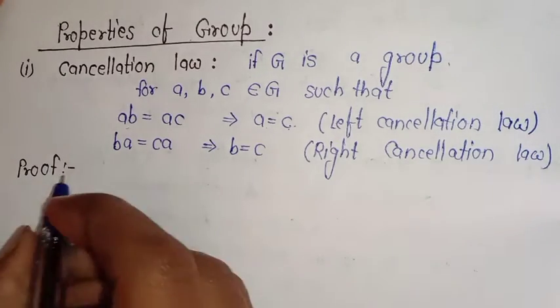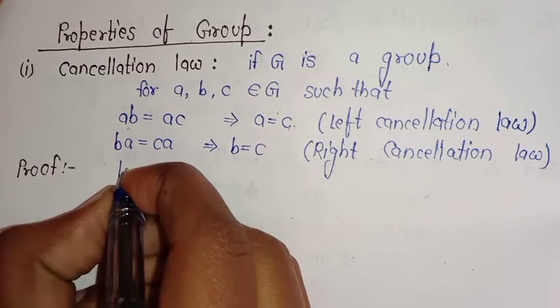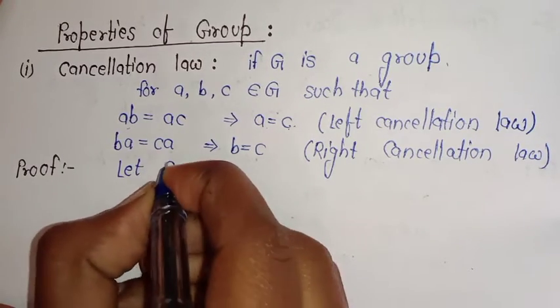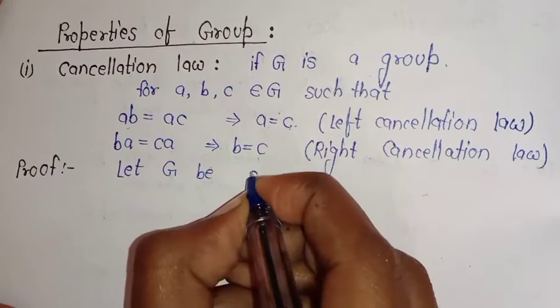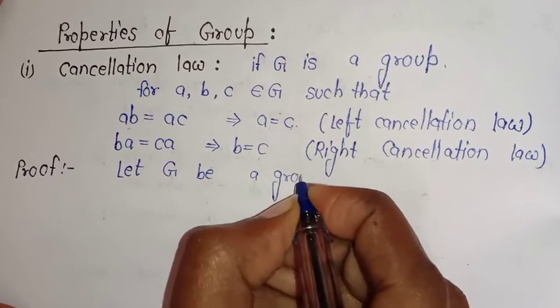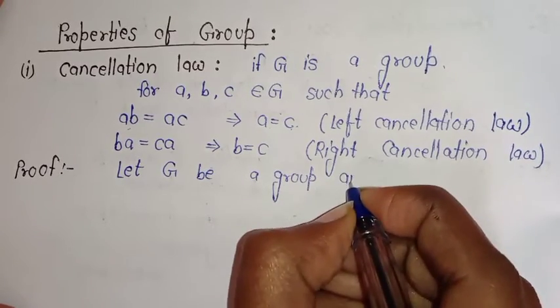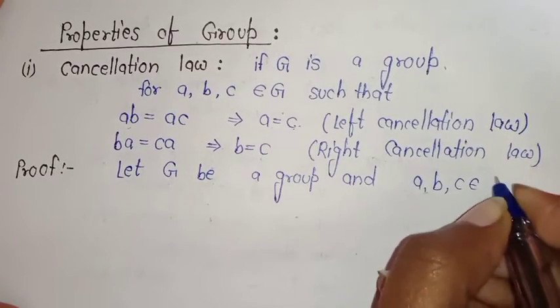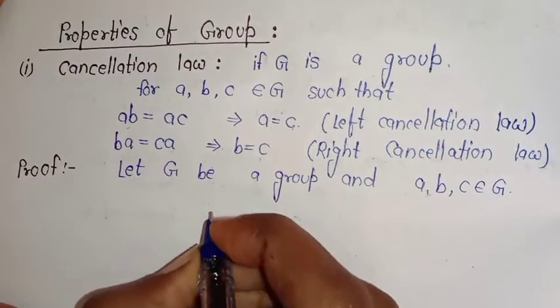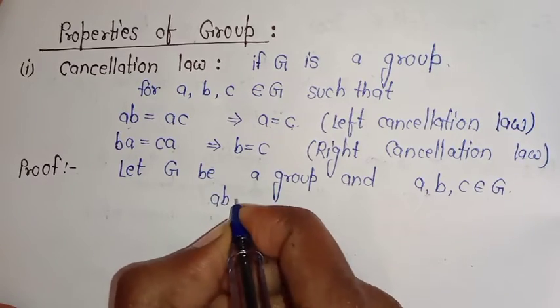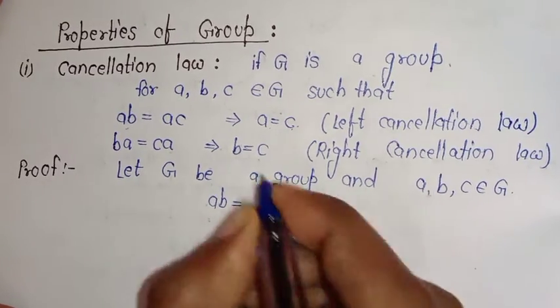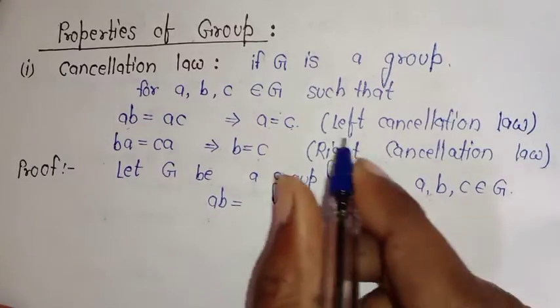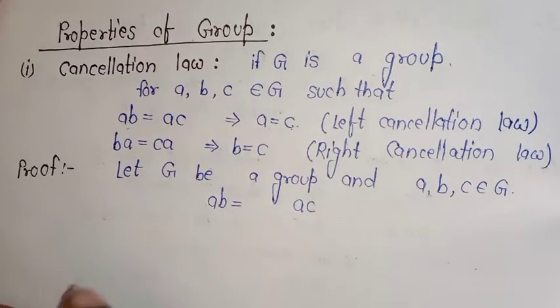In order to write the proof of this theorem, firstly we are given: let G be a group, and a, b, c are elements of G, and it is also given that ab is equal to ac. Then we have to prove b is equal to c by using left cancellation law.